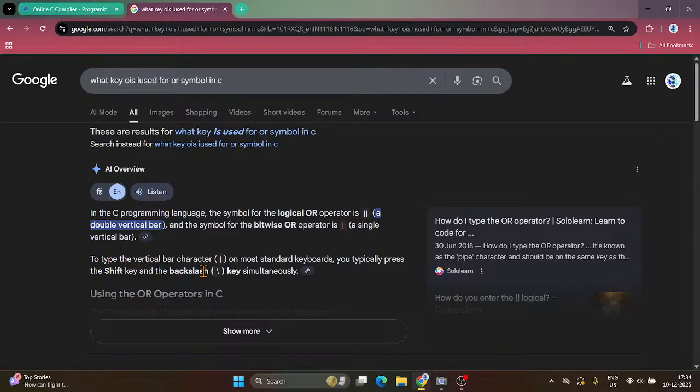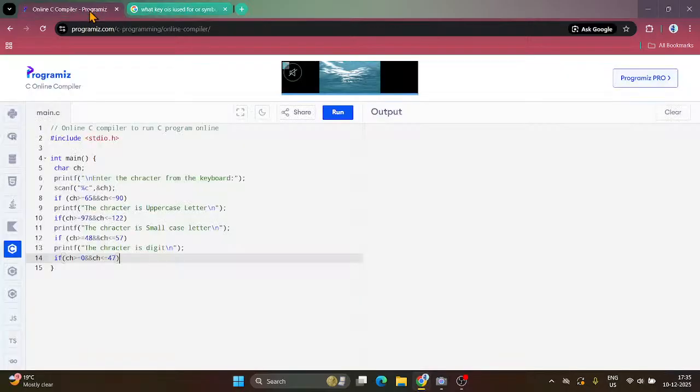To type the vertical bar on the keyboard, typically press shift and then backslash. Okay.